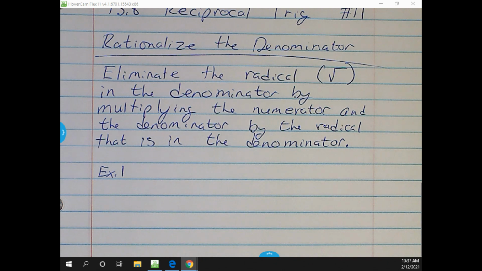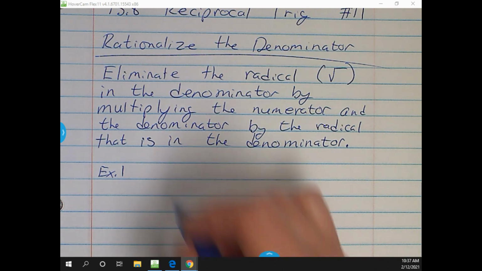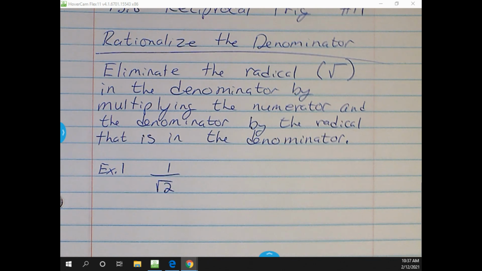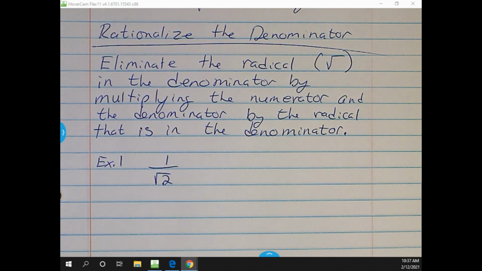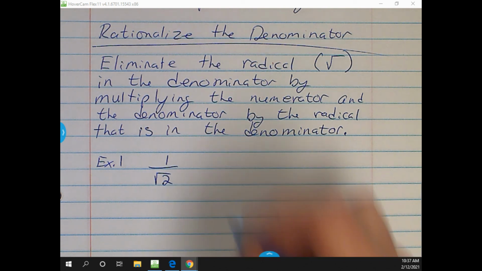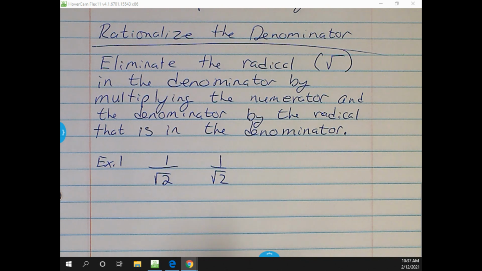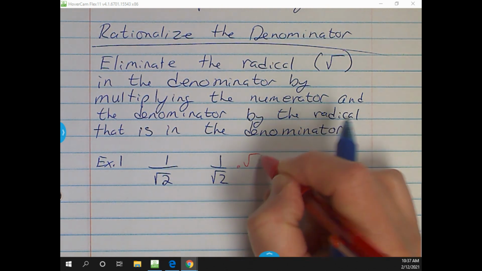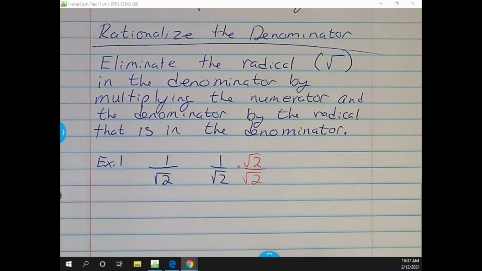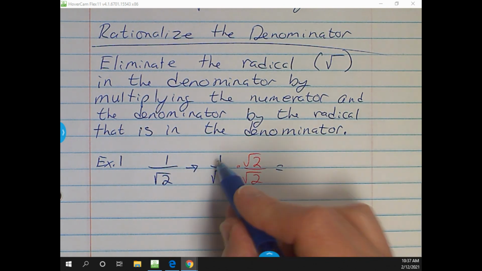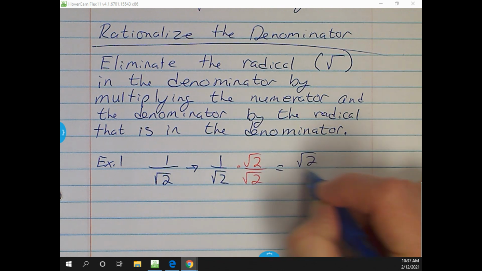All right, so here we go. Let's start with something like this. Let's say you have 1 over the square root of 2. We're going to take the 1 over square root of 2, and whatever radical is in the denominator, we're going to multiply by that number. 1 times the square root of 2 on the top is square root of 2.